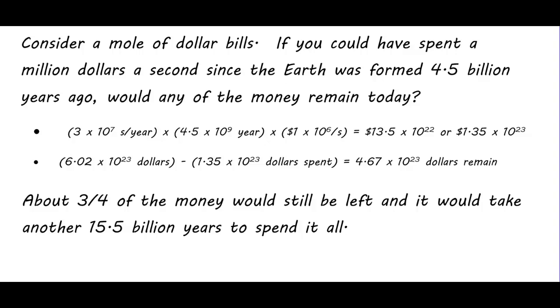Right now I'd still have about 3/4 of the money remaining, and it would take me another 15.5 billion years to spend it all. So hopefully at this juncture you're convinced the mole, Avogadro's number, 6.02 times 10 to the 23rd, is a phenomenally large number.